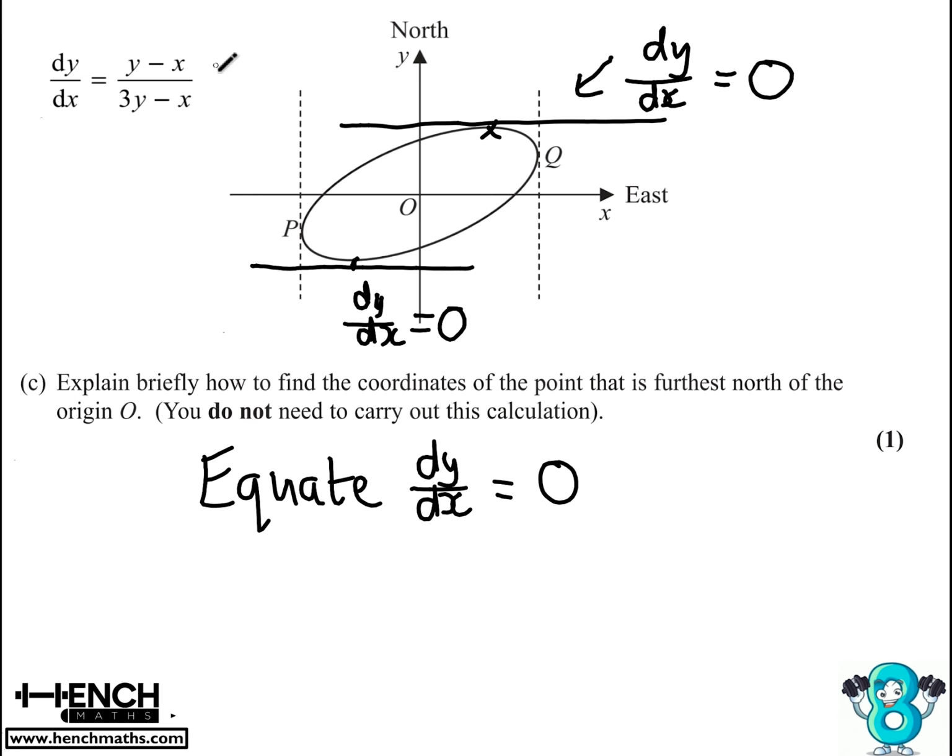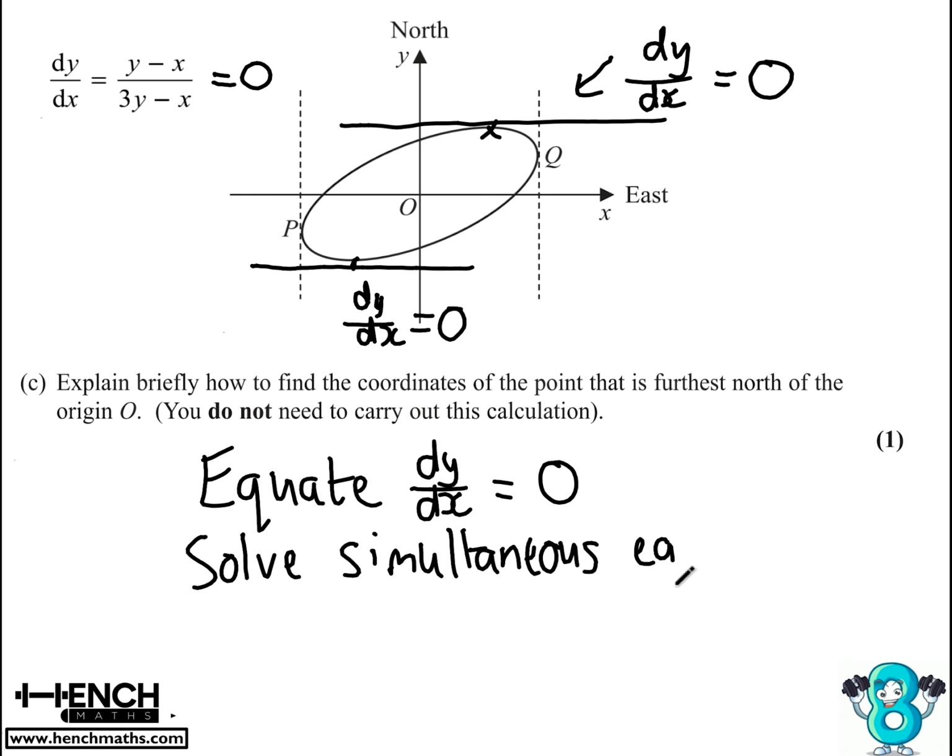The first thing I would do is equate dy by dx to 0. If we did this, what that would do is create the equation y subtract x equals 0, the numerator, and then we could say that y equals x. We would then solve y equals x simultaneously with the previous function, so we would solve simultaneous equations with y equals x and the original function.